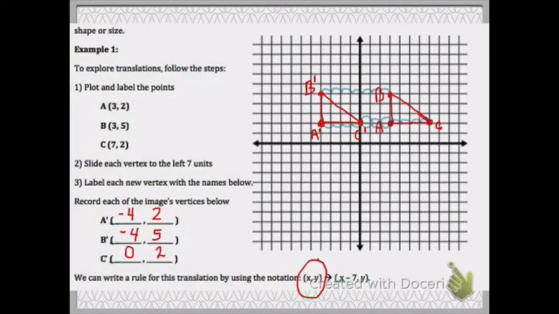Then, when we're talking about the translation, we look and try to write what the changes were. When we moved 7 units to the left, that's subtracting 7 on the x-axis, because the x-axis is our left and right axis. Notice that because the triangle didn't move up or down, there was no change to the y. And so the y in the new ordered pair, or the rule, stays just as y.